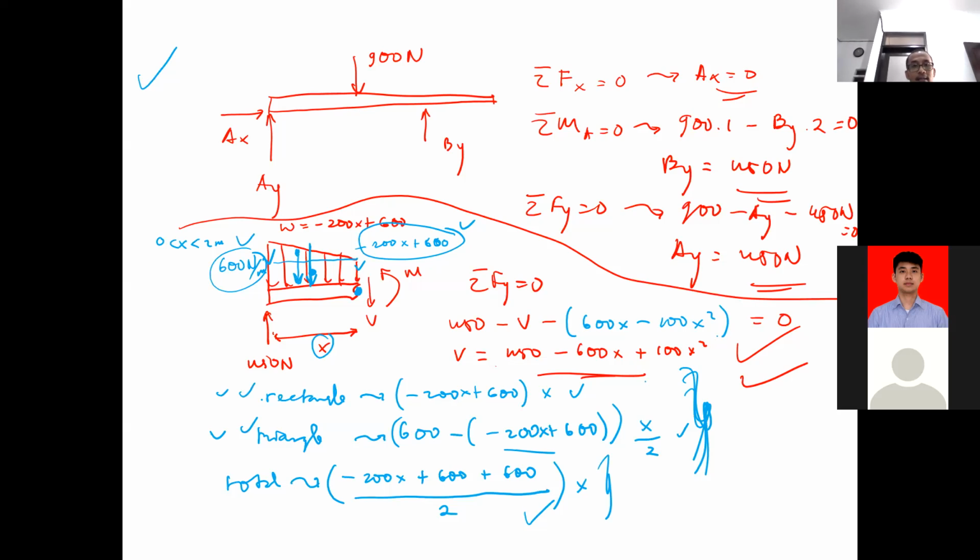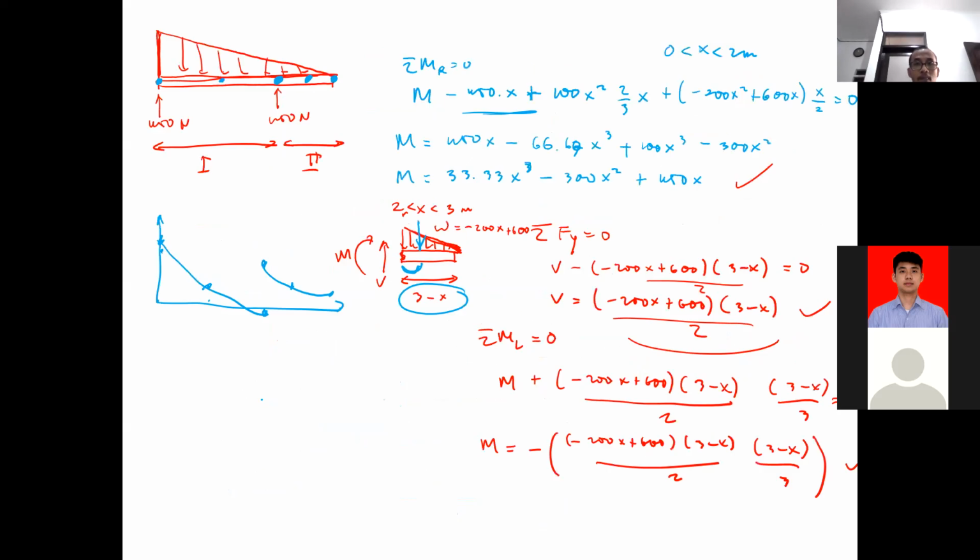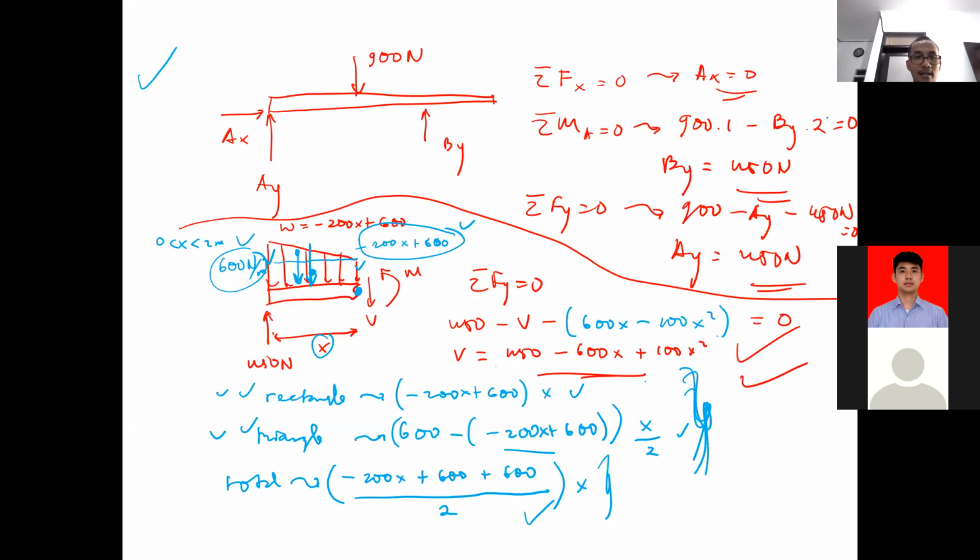Kalau yang rectangle itu besarnya minus 200x plus 600 dikali x, letaknya di tengah-tengah, jadi lengan momennya itu adalah x per 2. Nah, kalau yang triangle itu besarnya di sini minus 100x kuadrat ya.